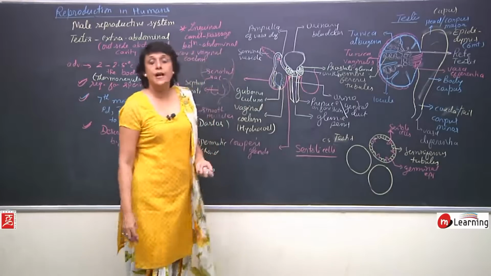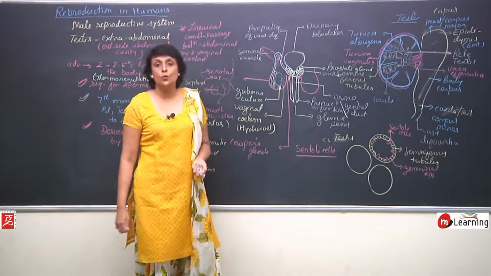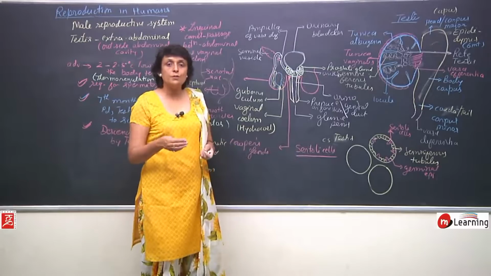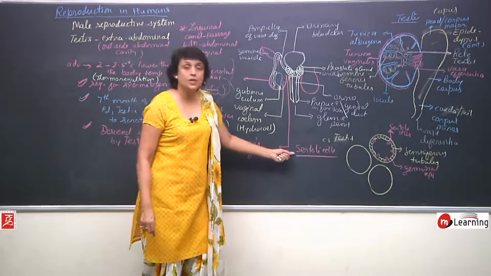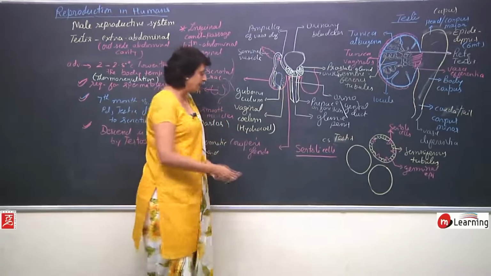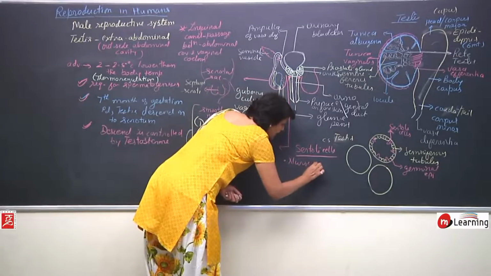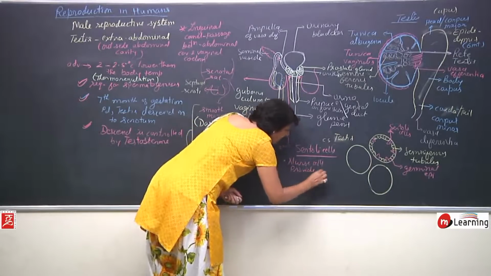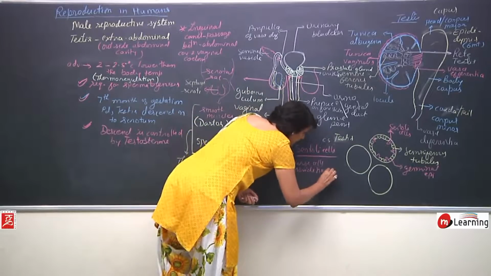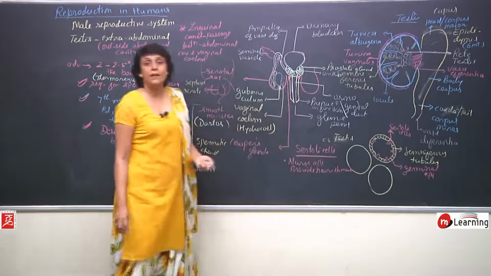They provide nourishment to the developing spermatozoa, or all those intermediate cells which will be formed during spermatogenesis. Nourishment is provided by the Sertoli cells, and that is why they are also known as nurse cells. They provide nourishment to the developing sperm.